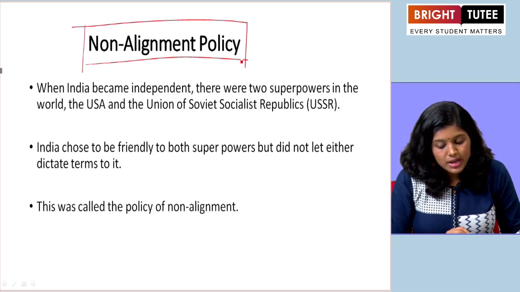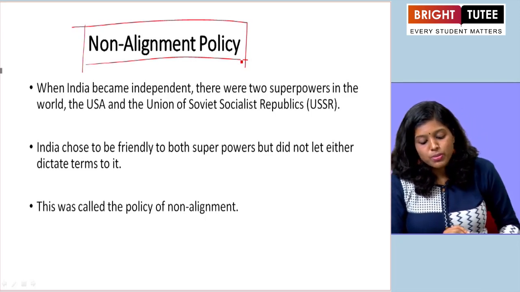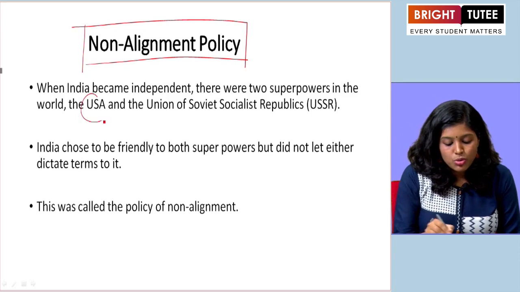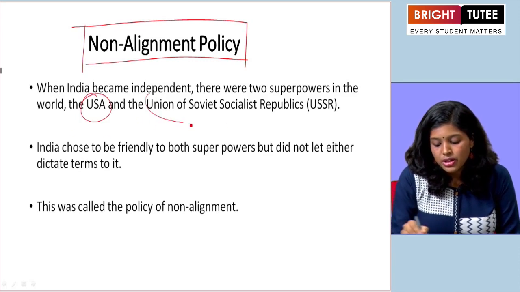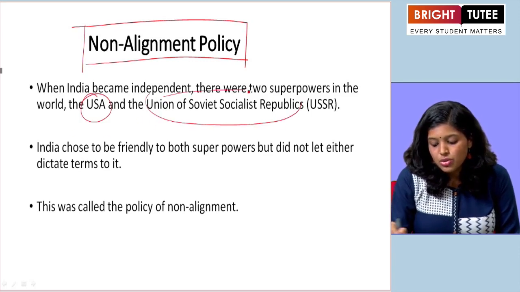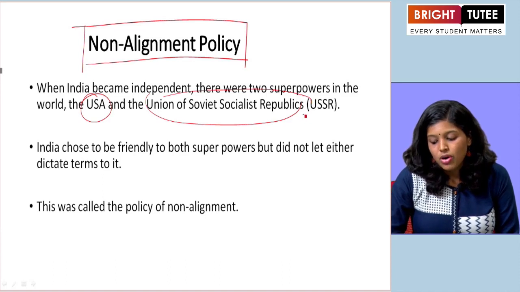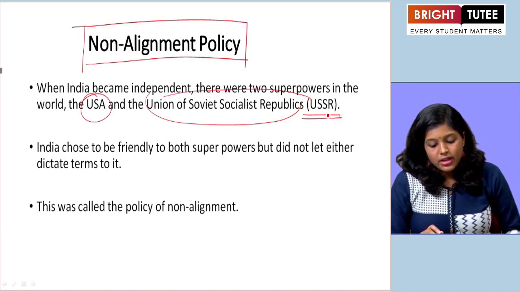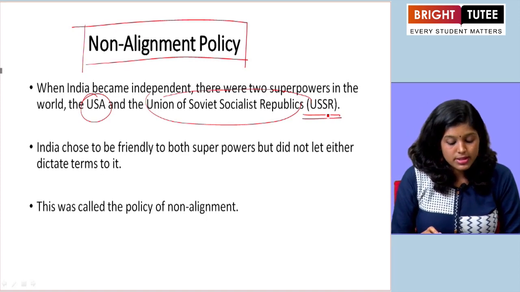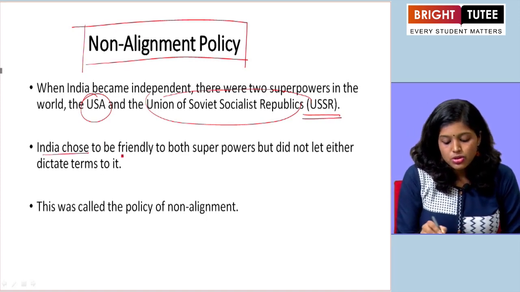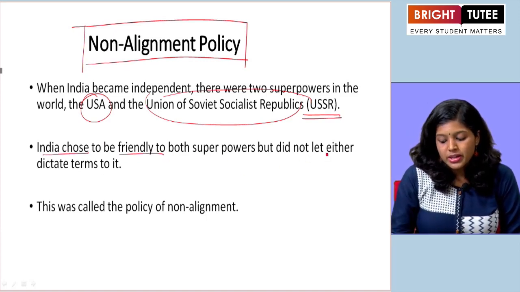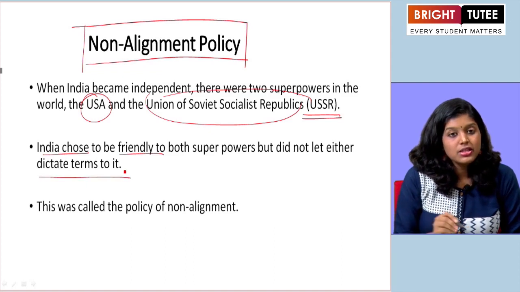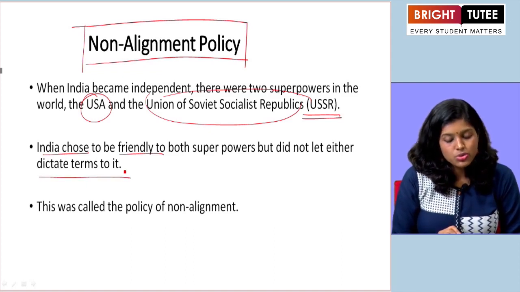When India became independent, there were two superpowers in the world, the USA and the Union of Soviet Socialist Republics, called the USSR. To both these powers, India chose to be friendly but did not let either dictate terms to it.